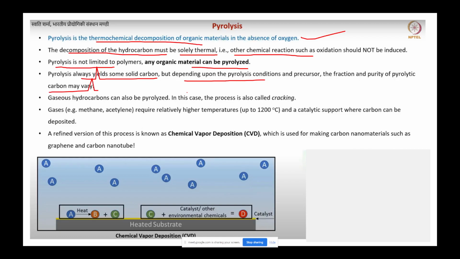You have to maintain all the conditions to control the purity of the carbon you get. So there are many factors which affect the purity of your carbon. Here gaseous carbon can also be pyrolyzed. In this case, the process is also called cracking.